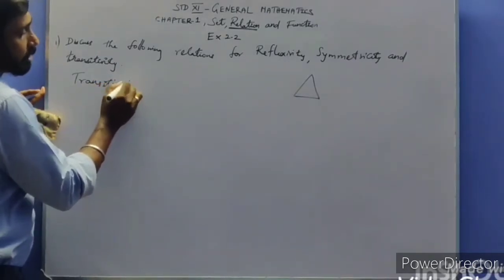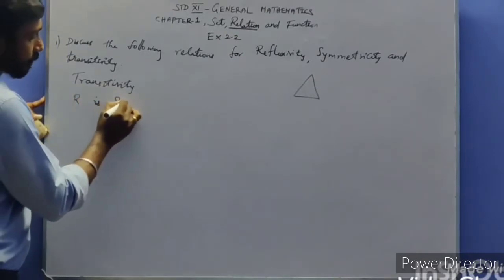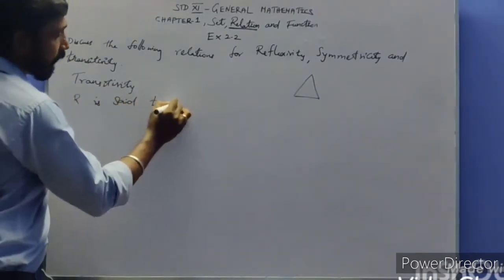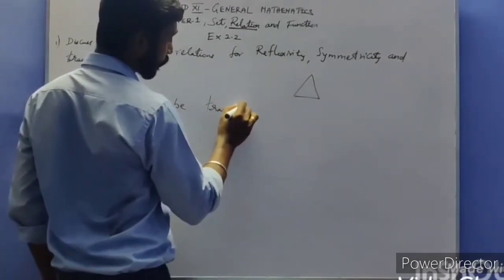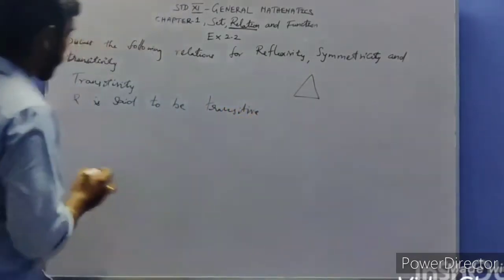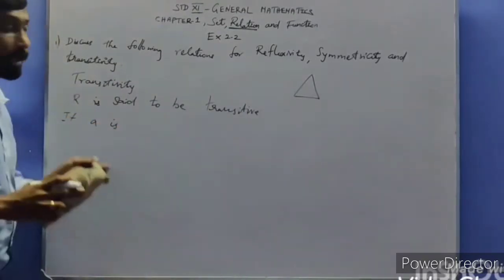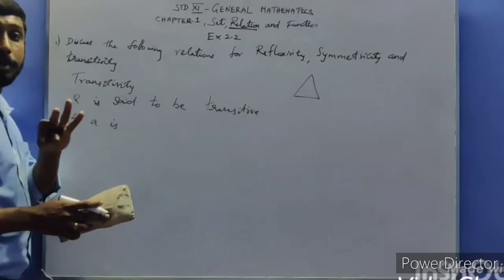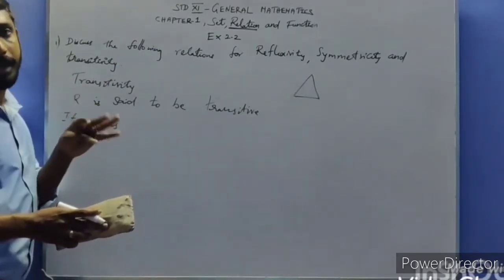R is said to be transitive. Transitivity means one third person will enter here.